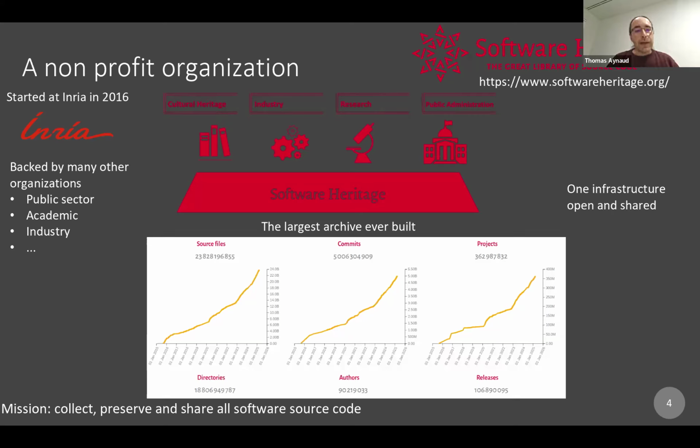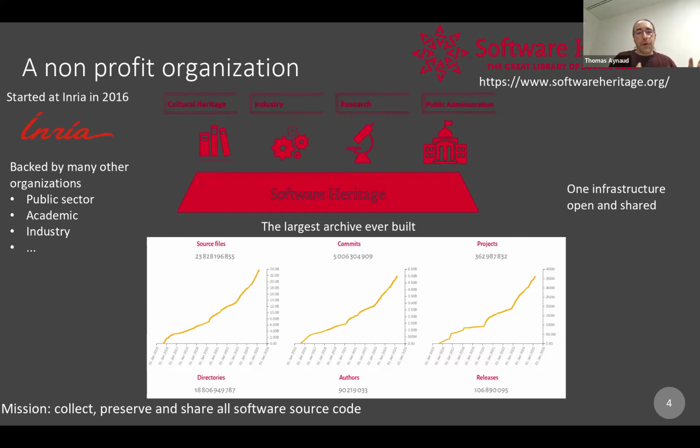You have some academic organizations which support Software Heritage, French governmental research organizations, but international also. You have industry supporting Software Heritage, giving us some money to do the archiving or helping us with different projects. So basically, we see Software Heritage as the largest archive of source code ever built.